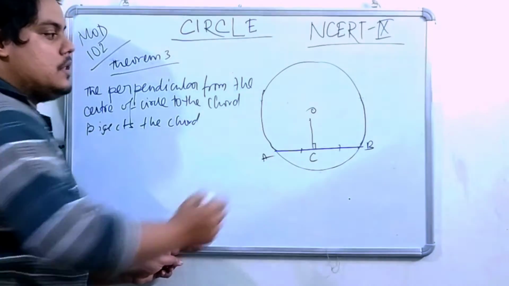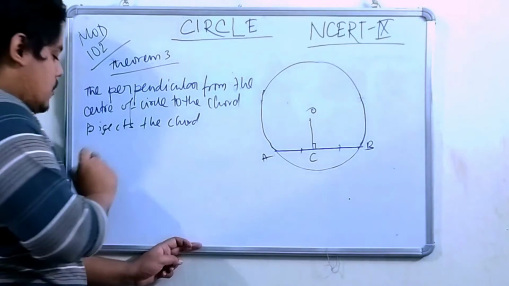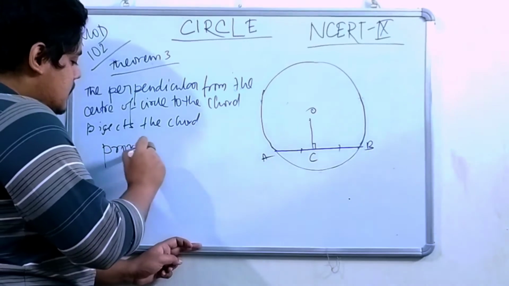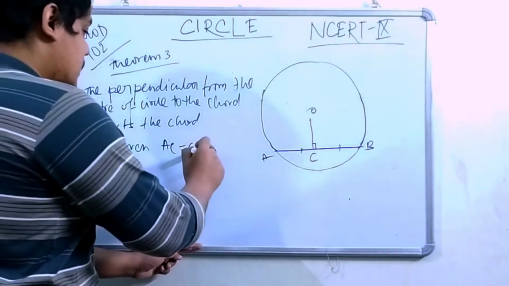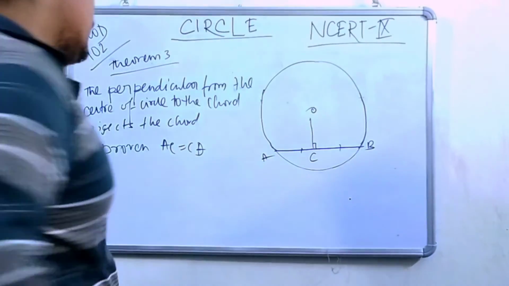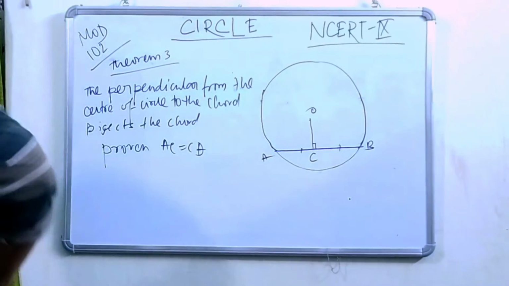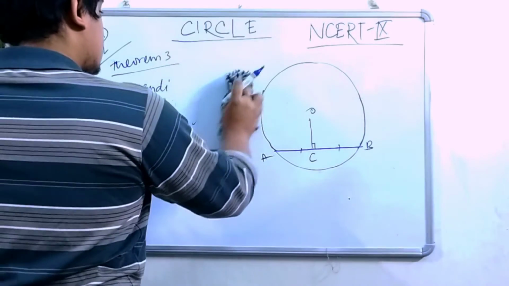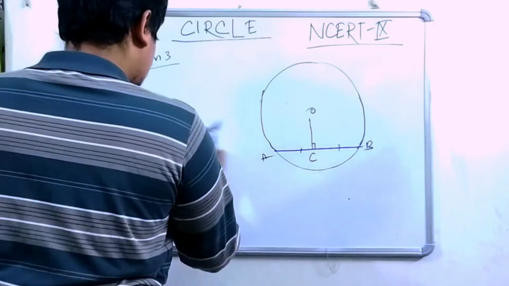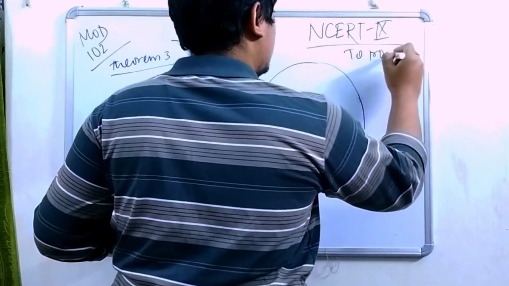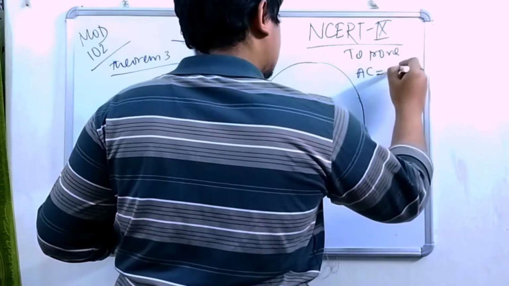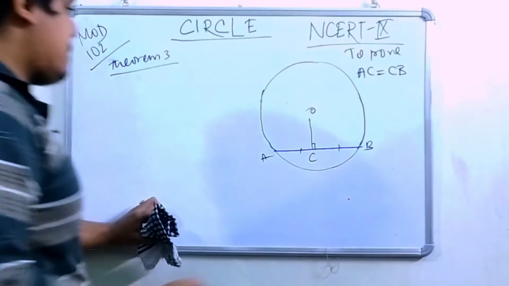So AC is equal to CB. I have to prove it. Sorry, CB. So I'm just writing that down and solving it. Just write it here: to prove AC is equal to CB.